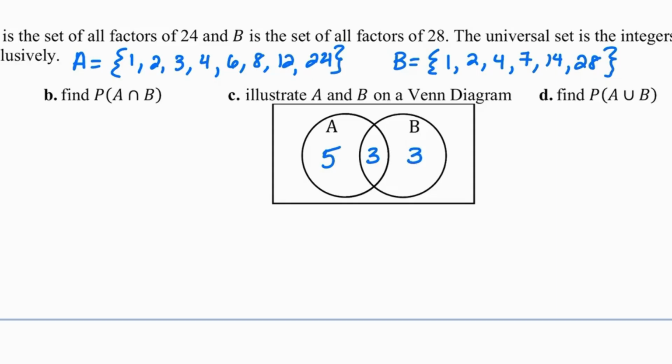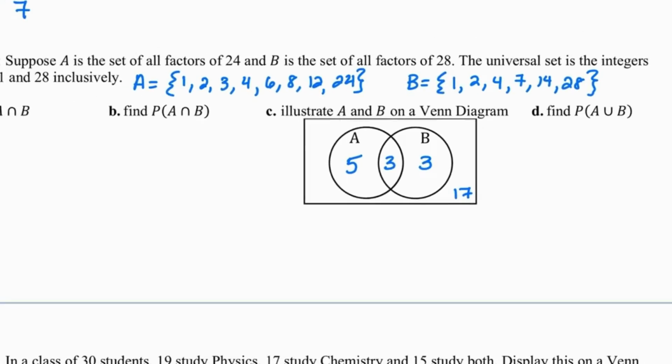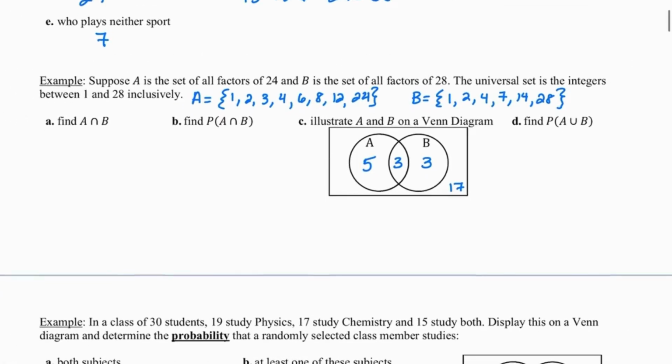So 3. Well, that adds up to 11. How many numbers are in our universe? 1 through 28 is 28 numbers. So if I have 11 of them already, I get 17 that are not factors of 24 or 28.